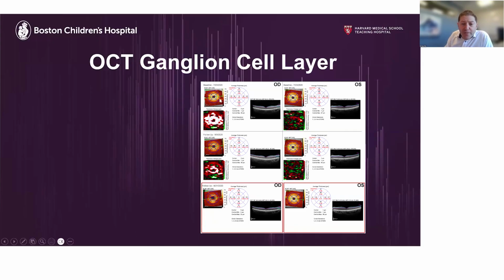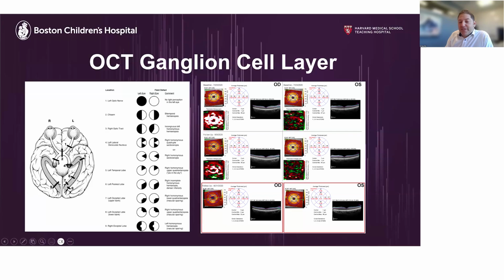And you notice that she went from about 1.13 to about 0.88 over the course of a month. So she thinned by roughly 20-ish% over a month, whereas her other eye stayed totally normal. And so if we go back to our visual fields, this is a one-eyed problem. So we could have localized it to the optic nerve already, and it would pop up there just like on a visual field.